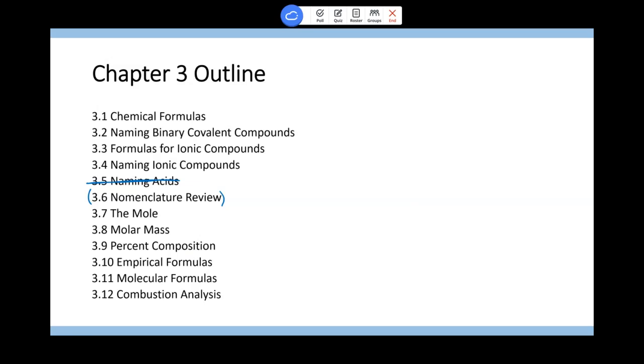I'll show you what the flow chart looks like, but it's too big to put on a slide. We'll talk about the ways to name different compounds in sections 1 through 4. So that's what this PowerPoint is that you all should have by now. The next PowerPoint that I'll post will be the second half of the chapter, starting with 3.7.